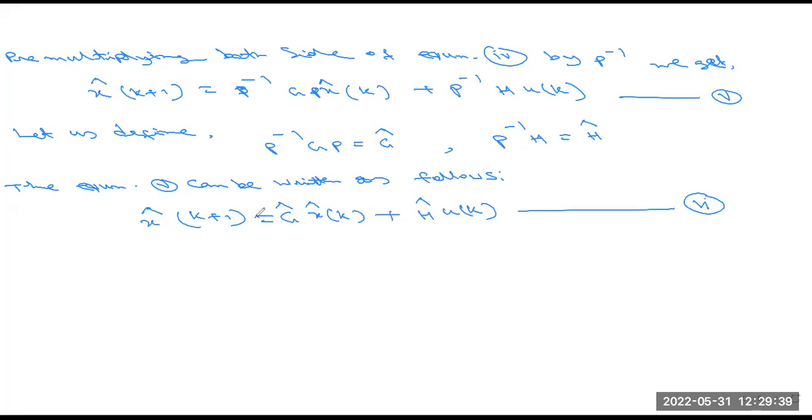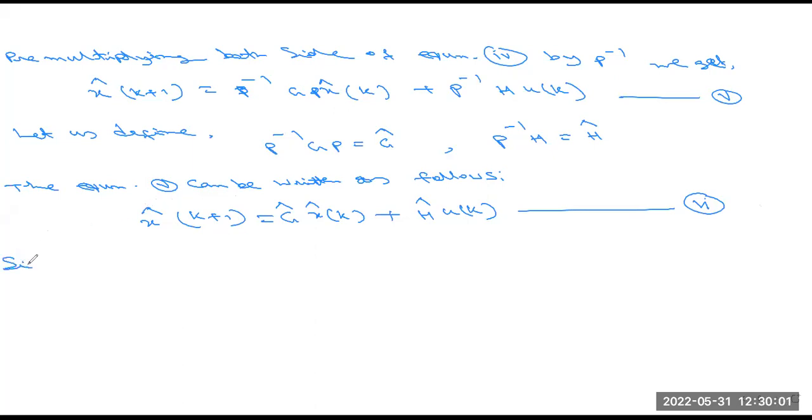Okay, so this is the equation, equation 6. Now, up to this part, this was the input function, x of k plus 1 in terms of x of k. Now we have to consider the output equation.